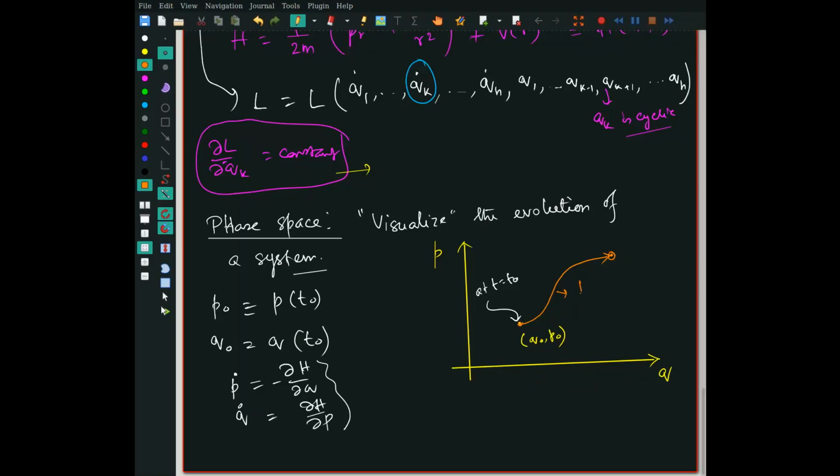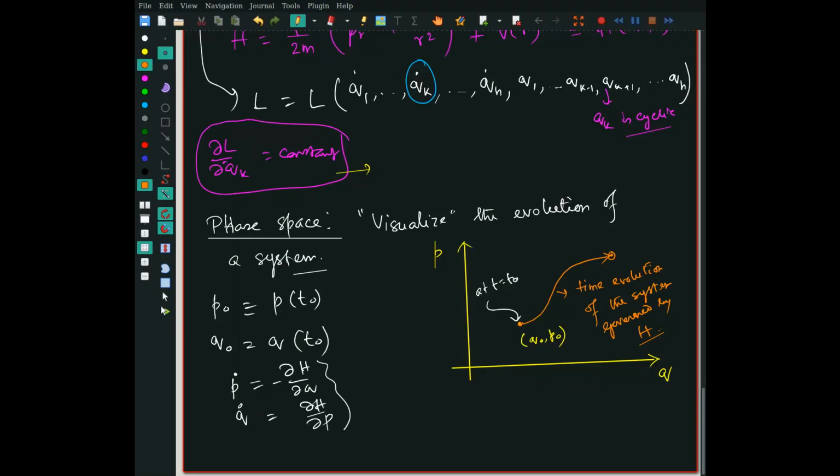So basically, this is the time evolution of the system that is governed by H. H governs this time evolution uniquely, and this takes a unique path.